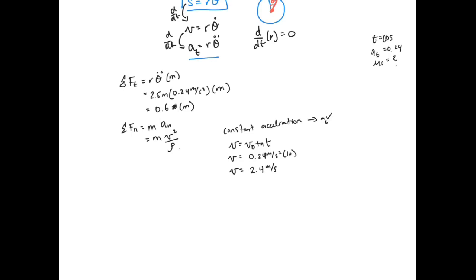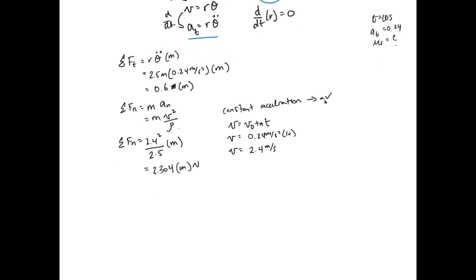So now we have our summation of force N is equal to 2.4 squared divided by 2.5, which was the radius, times m. So that's equal to 2.304 times the mass newtons. Now, the force of friction, I'm going to move this up just a touch.